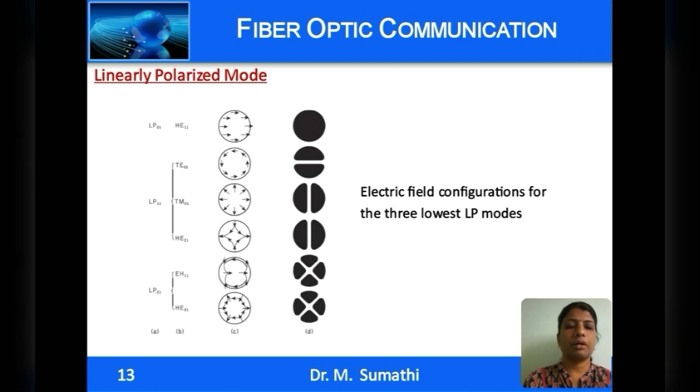In this picture, the subdivision A indicates the 3 lower order linearly polarized modes and B gives the exact modes that form each of these linearly polarized modes. And subdivision C gives the electric field distribution representation of these exact modes, and subdivision D the intensity distribution of the linearly polarized mode.